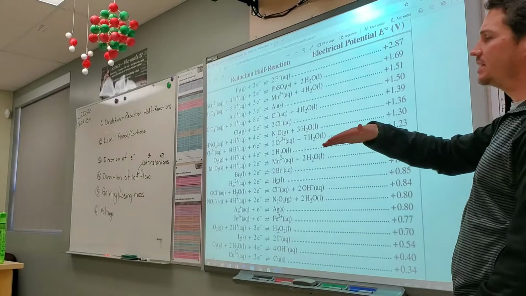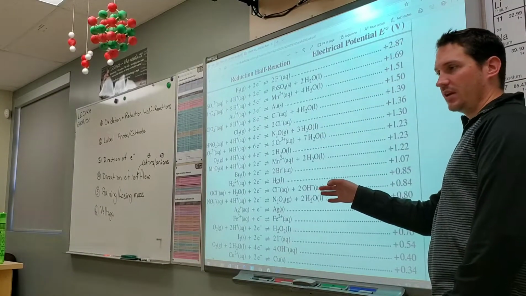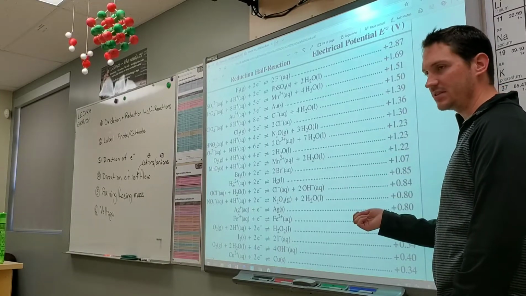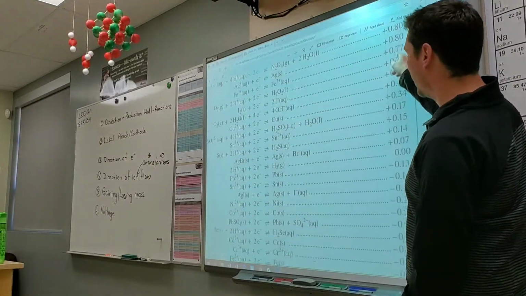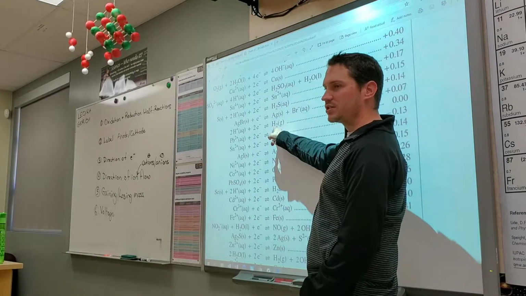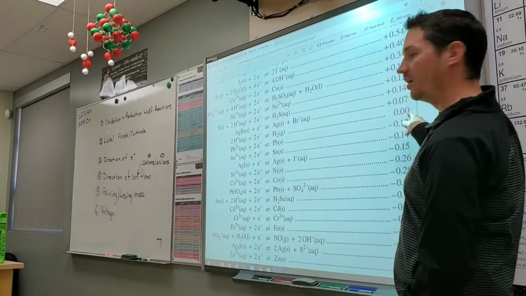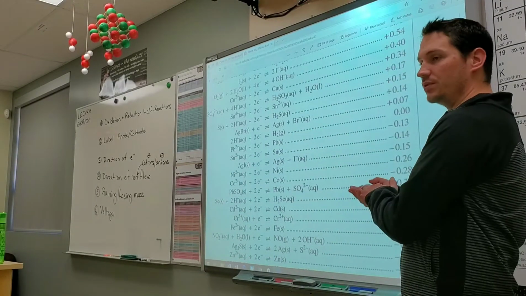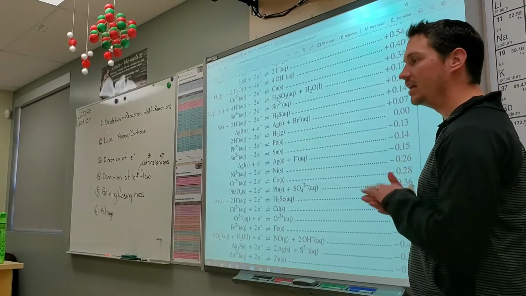Basically, all this means is this is the electrical potential energy difference between this reaction and the reaction that we define to be 0. So if I stuck the hydrogen half cell with any of these reactions, it would produce whatever voltage you see here. That's the idea behind it.